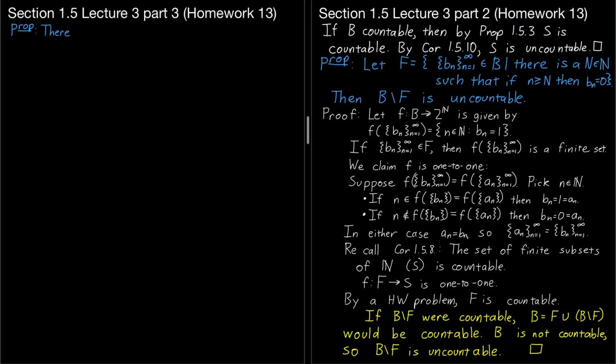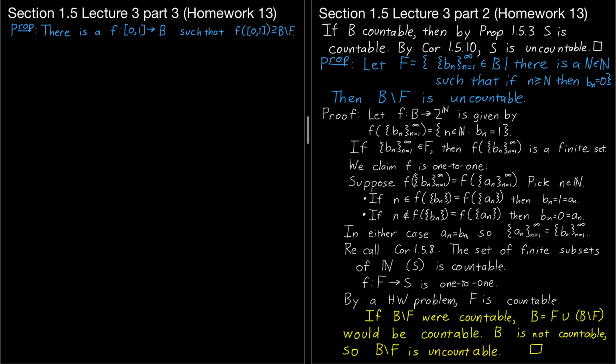We're going to show that there is a function f whose domain is the interval from 0 to 1 that maps into B such that f of (0,1) contains B minus F, where B and F are from our last lecture.